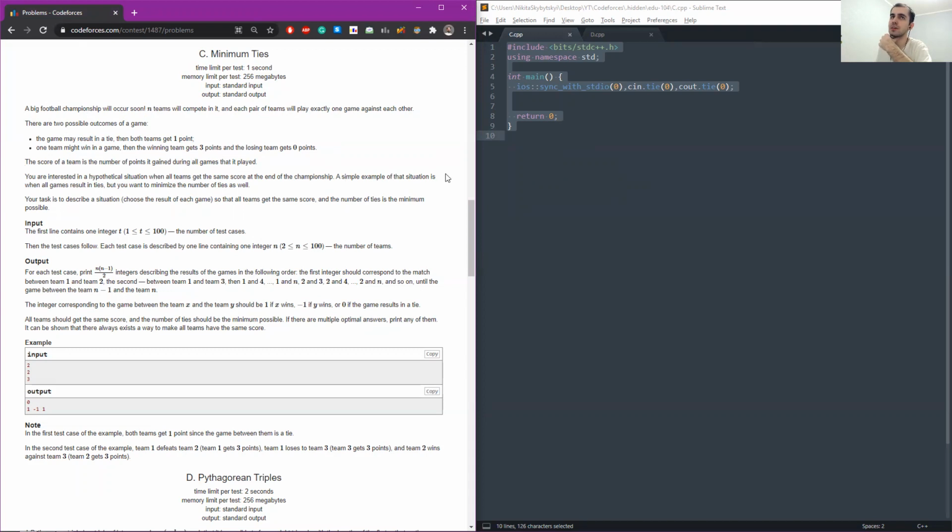A simple example of that is when all games result in ties. But you want to minimize the number of ties as well. Okay, so we want to minimize the number of ties, and at the same time, we want all teams to get the same score. If the number of teams is odd, then we don't need any ties at all. And if it's even, I'm assuming we need at least n ties.